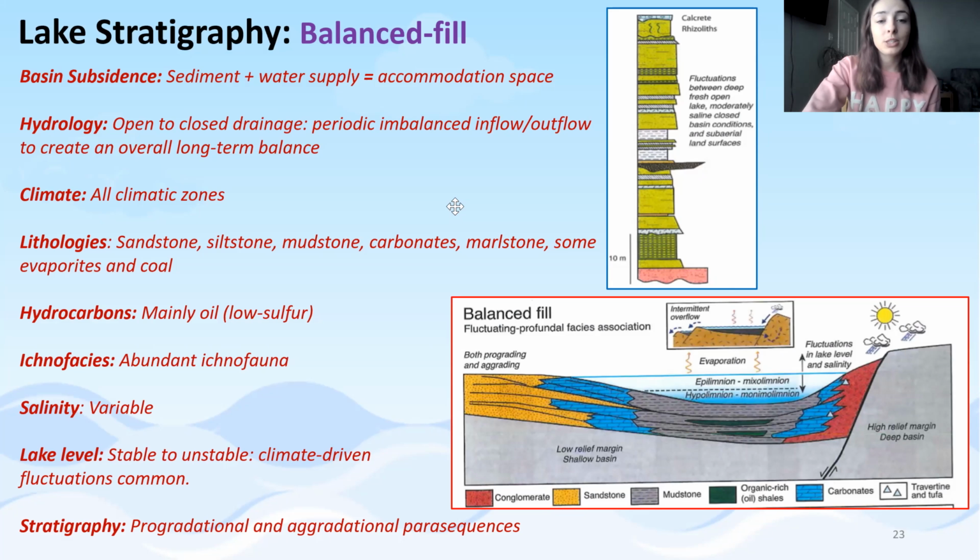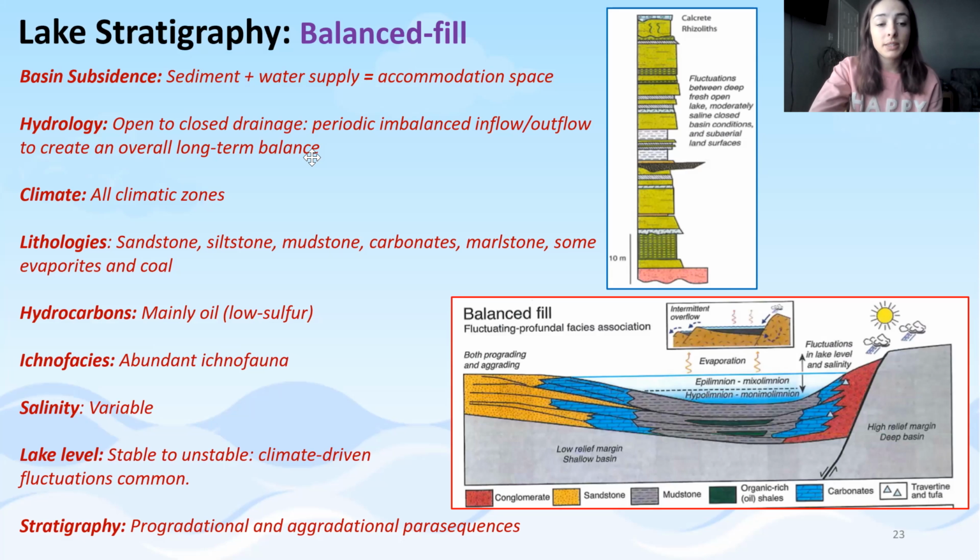And the climate in which these lakes occur is any climate, and lithologies that are common in these types of lake sediments can include sandstone, siltstone, mudstone, carbonates, marlstones, and sometimes evaporites and coal. And hydrocarbons common in these lake deposits include mainly low sulfur oil. The abundance of ichnofacies in these types of lakes is also high, and the salinity can be variable because, like we said, it can sometimes be closed, sometimes be open.